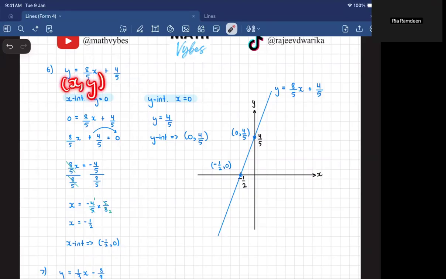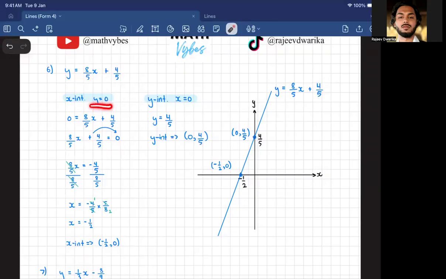Do we know what either value would be? We know the y value will be 0. Nice. So if you know y is equal to 0, where could you put that? Anywhere we see y, so we're going to put it into the equation of the line.